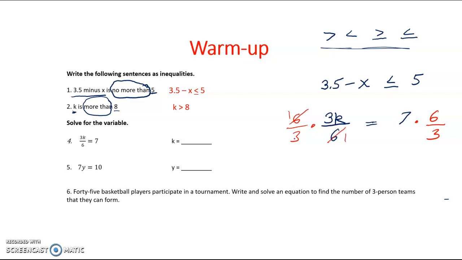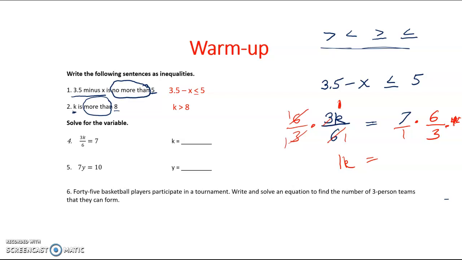That reduces to 1. That to 1. That to 1. So I'm left with 1k equals, and then 7 times 6, which is 42.